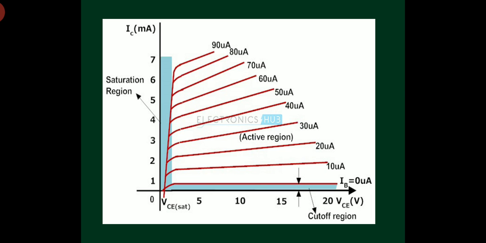But here, if I take IB equal to 0 microamp and IB equal to 10 microamp, the width between these two curves is not fixed. The width between IB equal to 0 microamp and 10 microamp is not equal to the width between 10 microamp and 20 microamp, and so on. It is somewhat of an exponential graph that we will get.